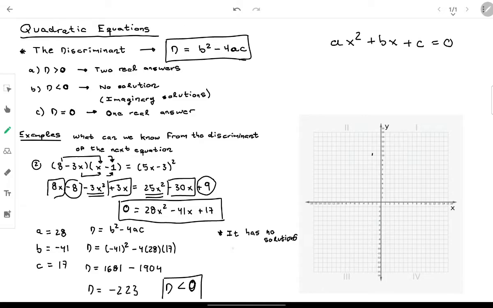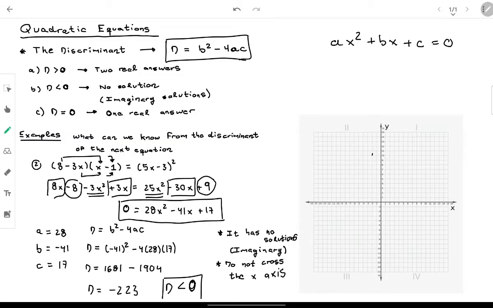Or we can say that they are imaginary solutions. It's the same. And also, of course, because it has no solutions for x, or they are imaginary solutions, it does not cross the x-axis.